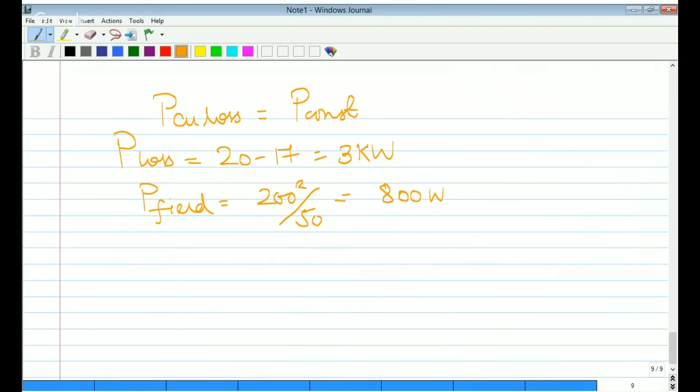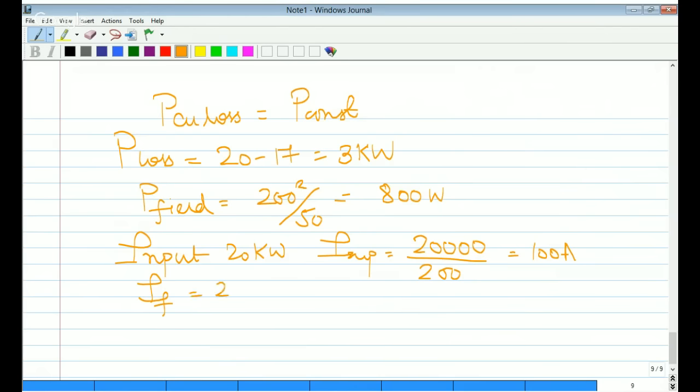Okay, so 800 watt is the field loss, and we have the total loss. Input is 20 kilowatt. From here I can calculate the supply current, 20,000 by 200. Field current will be 200 by 50, that is 4 ampere. So from here I know Ia will be equal to 96 ampere.